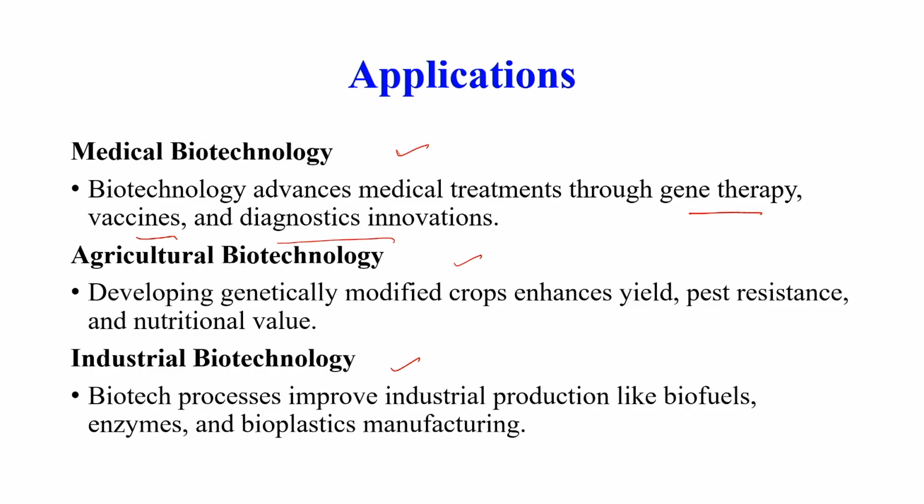In agriculture biotechnology, developing genetically modified crops to enhance yield, pest resistance or nutritional value. In industrial biotechnology, the production of industrial chemicals like biofuels, enzymes, bioplastics and biopolymers.